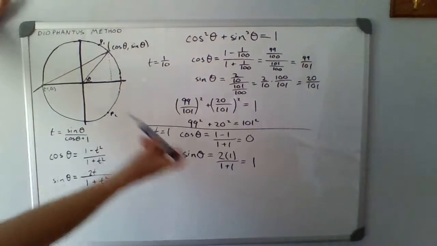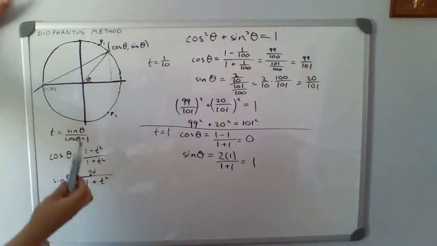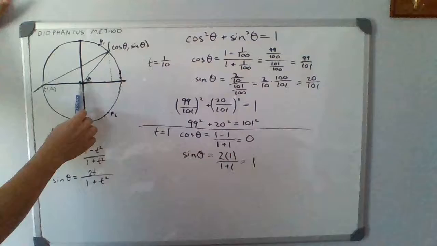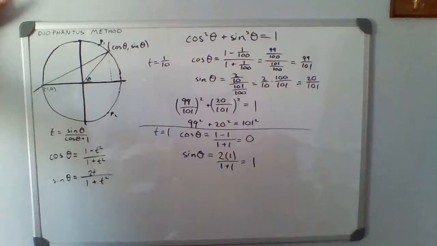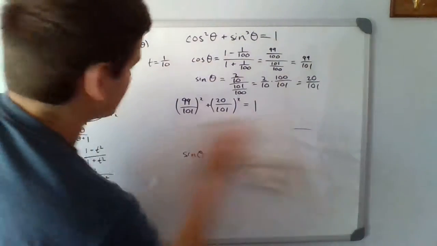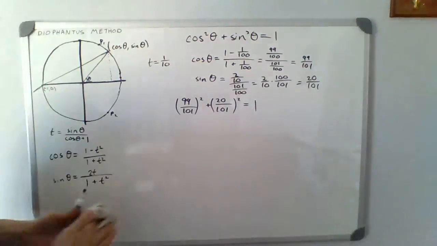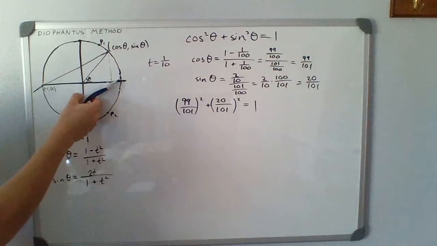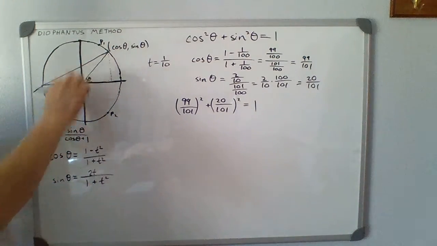And that's exactly what the cosine and sine for that point are, because cosine is 0 and sine is 1. Okay, so from 0 to 1 gives me all of the points in that quadrant. So what about this quadrant here?